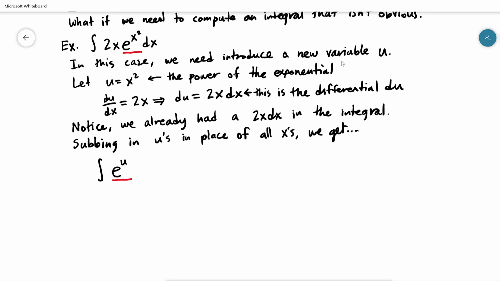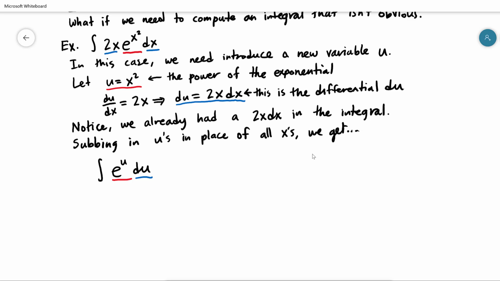Because x squared is u. And this part, the 2x and the dx, well, we see that right here, 2x and dx. Let me just underline the pieces that we've subbed in. The 2x and the dx, that's just du. So I can just rewrite all of that as a du. And this is an integral that we absolutely can compute.